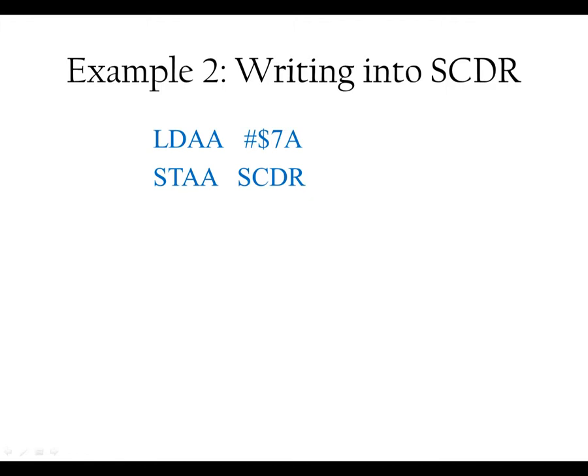You just stored that 7A from your accumulator to the serial communication data register, which is pretty straightforward, because it's nothing new to us; it's just like storing something to some memory location. You see what I'm saying? But remember, this is not an ordinary memory location, this is a special purpose register. But the good thing is, you are still writing the same kind of lines that you have written before.